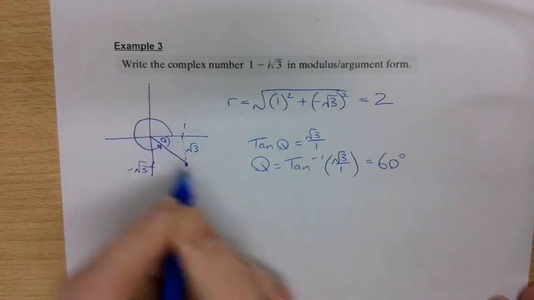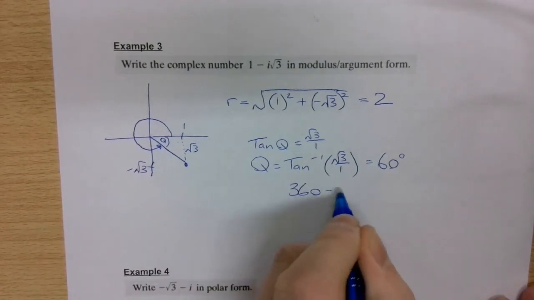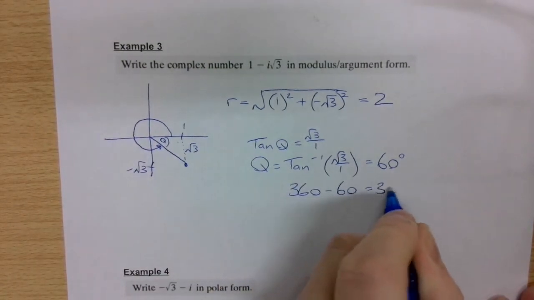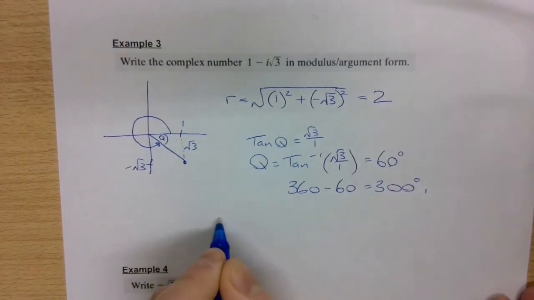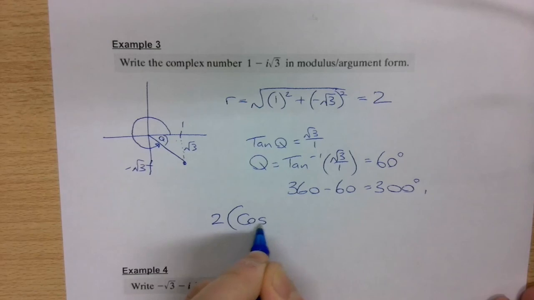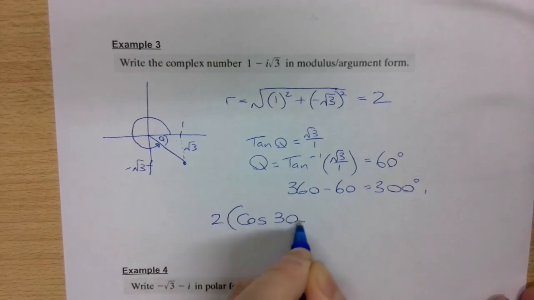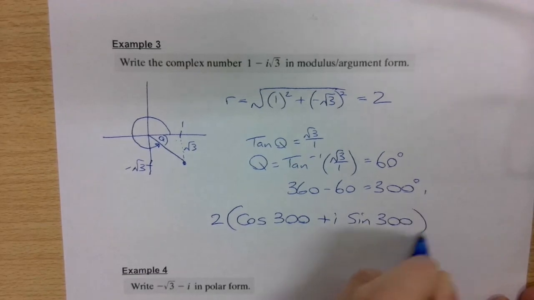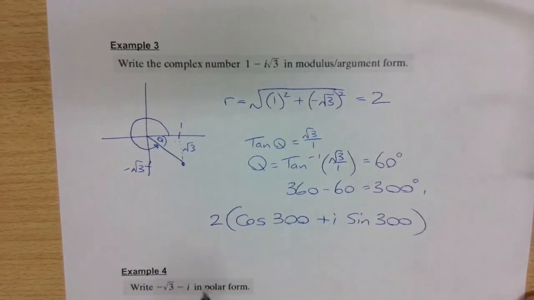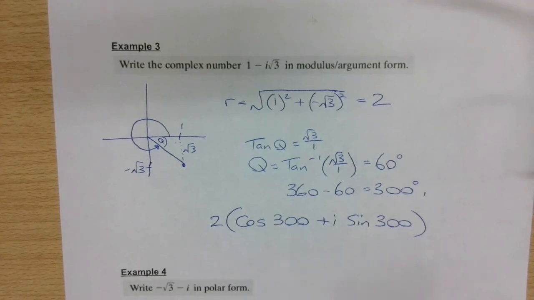To get my full angle, it's going to be 360 take away 60, which is equal to 300 degrees. So when I'm filling it into the formula, it's going to be r cos of the angle plus i sine of the angle. Again, if I wanted to transfer that back into rectangular form, put 2 cos 300 in the calculator, and then sine 300 as well.